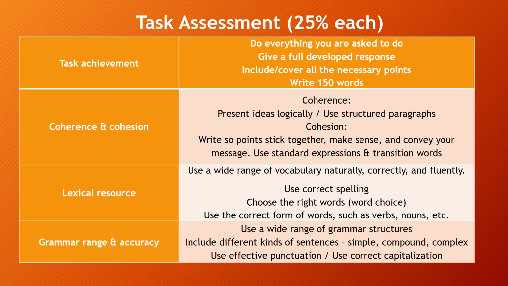The third one is lexical resource, which is another 25%, which is your range of vocabulary, whether you're using correct spellings and choosing the right words. And the last is grammar, range, and accuracy, which is another 25%, which includes that you should be using different kinds of sentences, ranging from simple, compound, and complex.